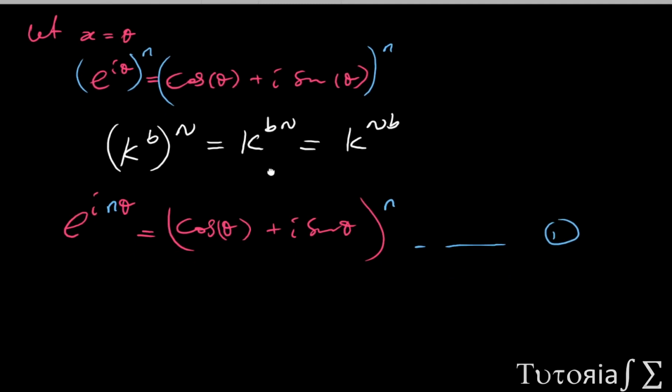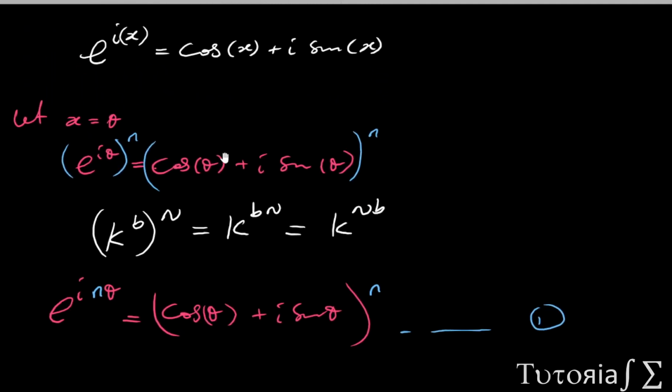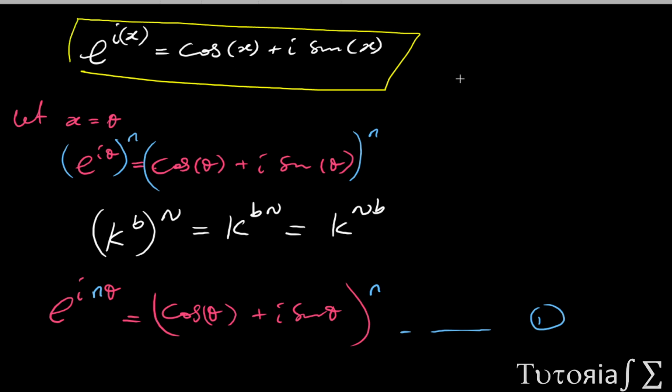Now going back to Euler's formula, which is right here, if we let x be equal to n theta, where there is x, we put n theta.